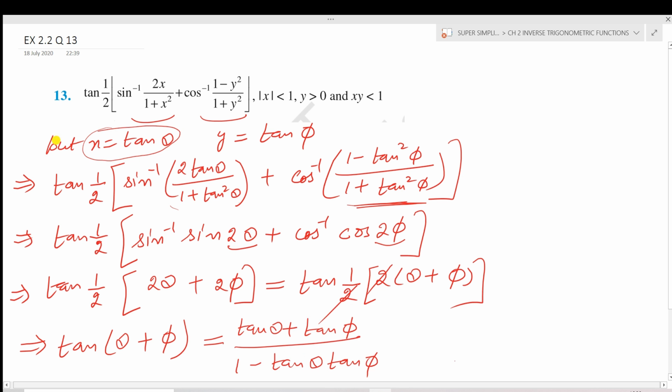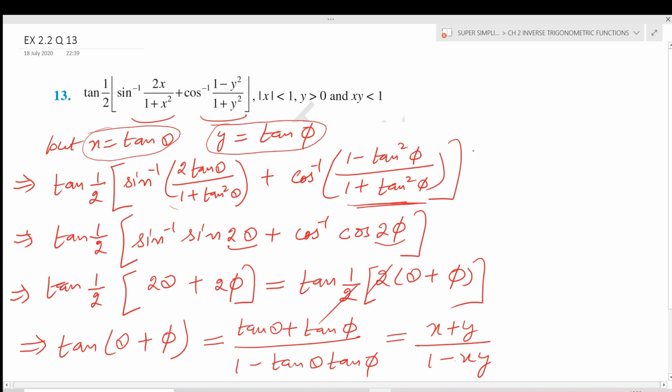X was tan theta. So in place of tan theta here, I will put x. Y was tan phi. So in place of tan phi, I will put y. So I will have x plus y upon 1 minus xy. This is the simplified version of the given expression.